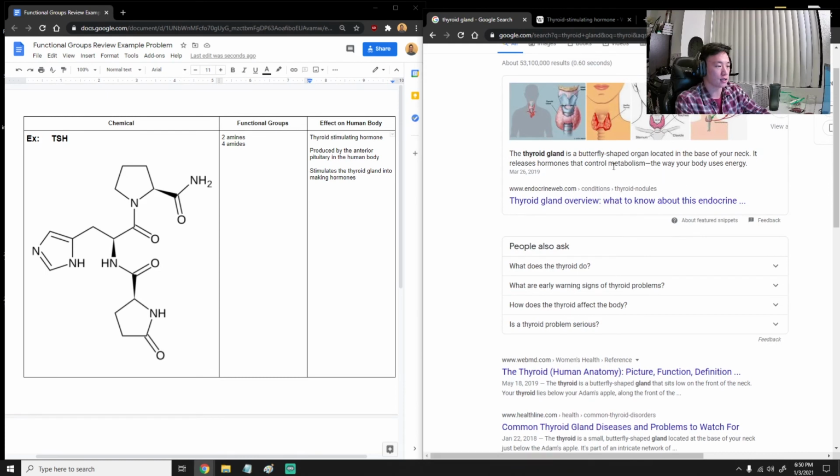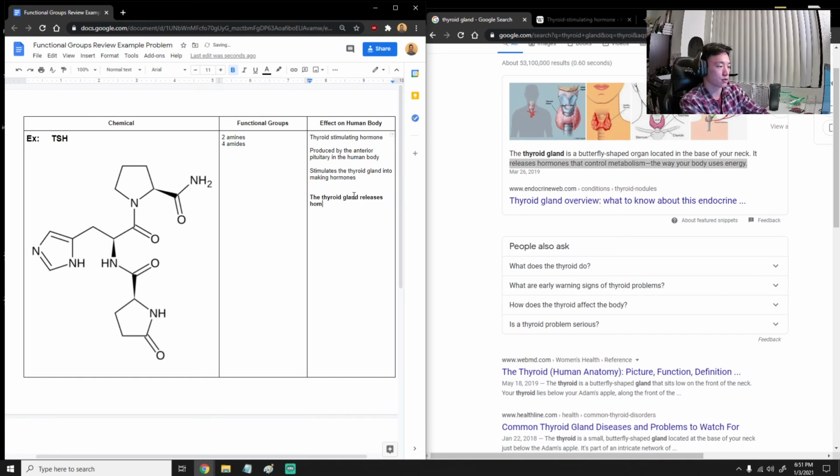And it looks like the thyroid gland releases hormones that control metabolism, which is the way your body uses energy.